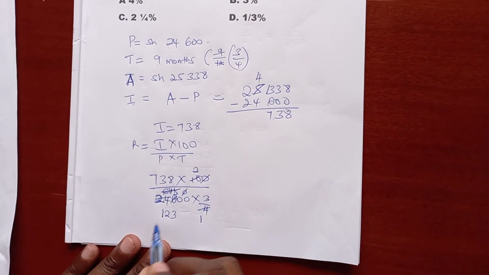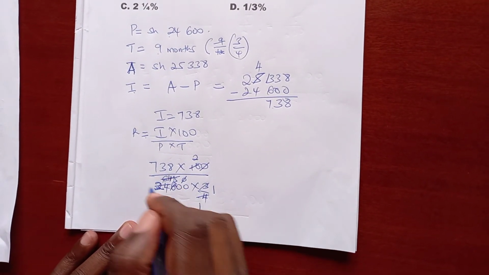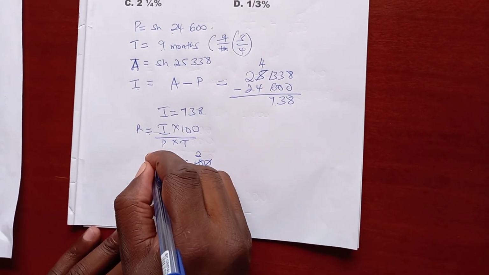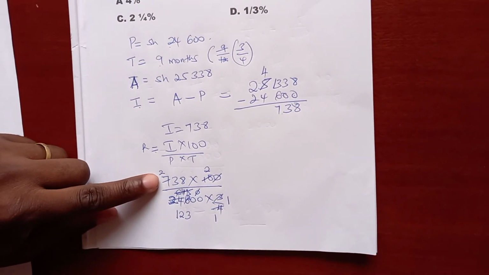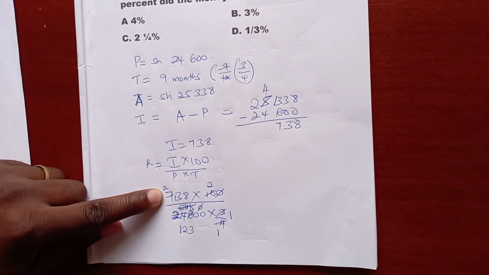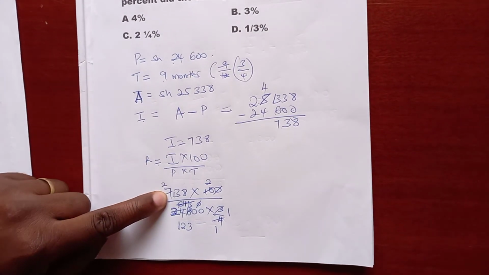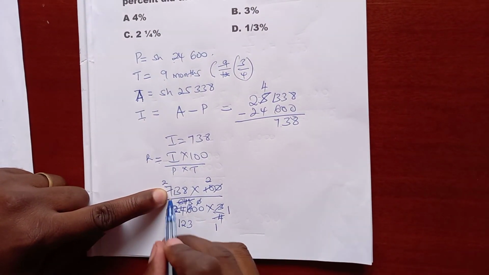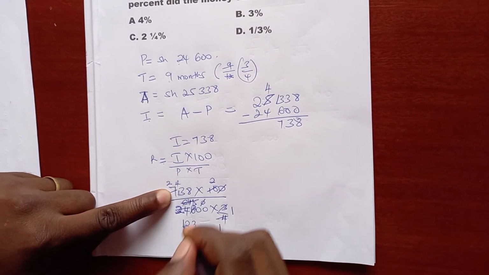Then you cancel here by 3: 3 by 3, 1; 3 by 3, 2, remainder 1. You get 13. Divide by 3, you get 4.